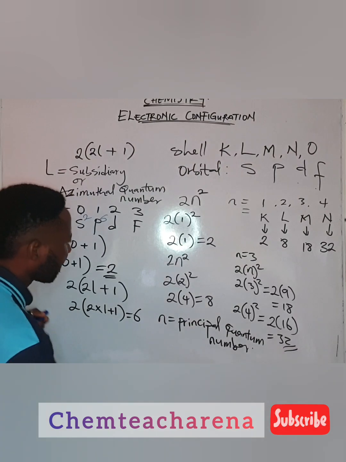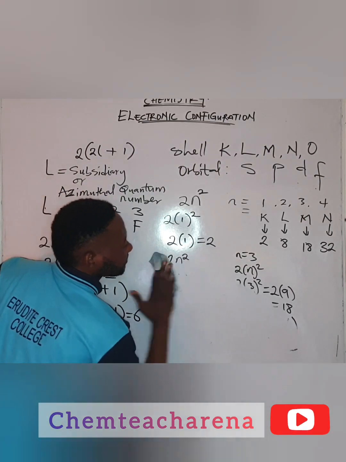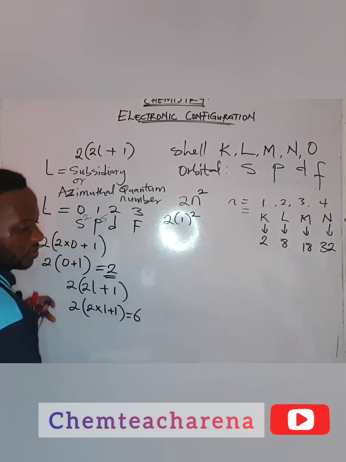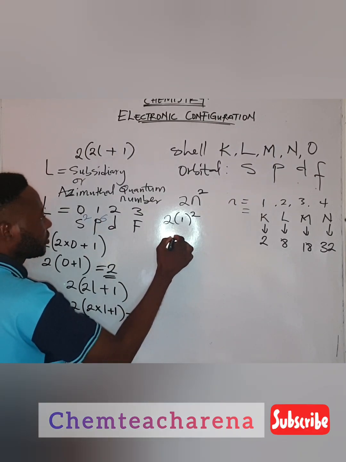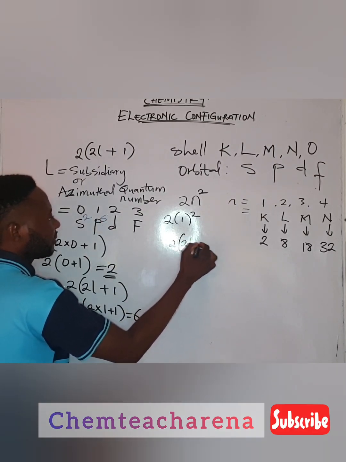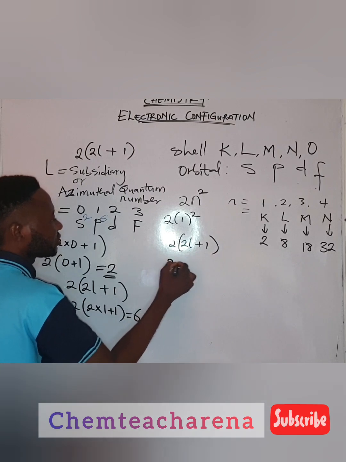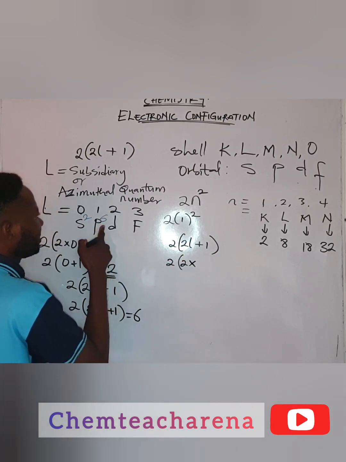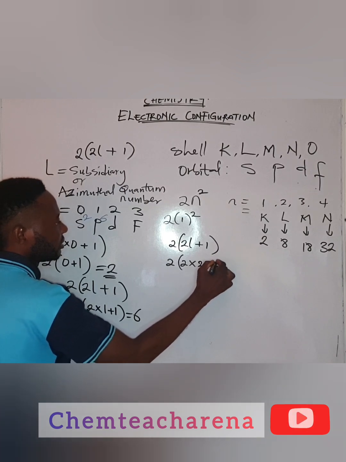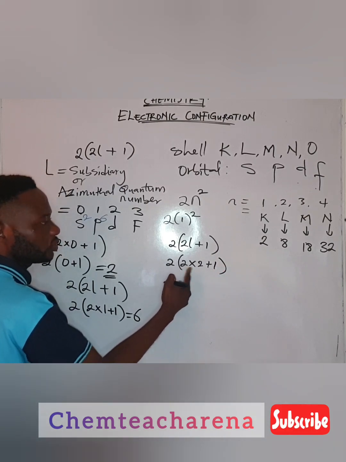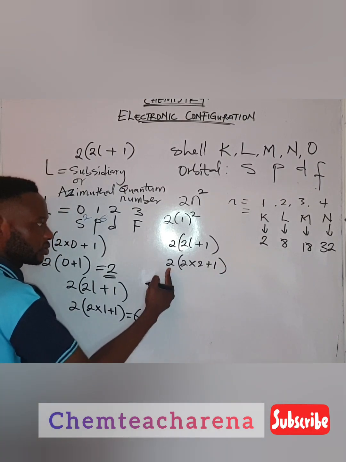Then we now look at D, where we have 2 into 2L plus 1. D is 2, so 2 into 2 times 2 plus 1, bracket close. Then we have 2 times 2, 4, plus 1, 5, times 2, 10.